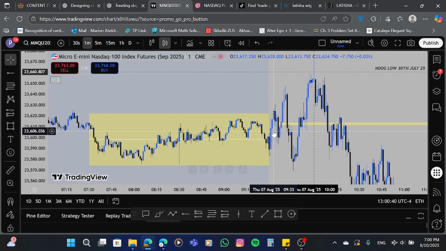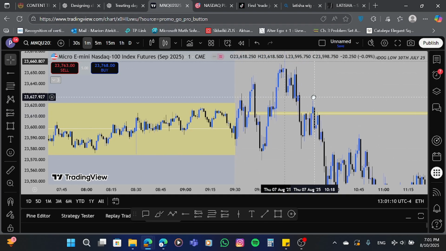So coming from an internal range, I considered the 10 a.m. manipulation, but I still kept my first presentation fair value gap at 938, and I still used that to enter.